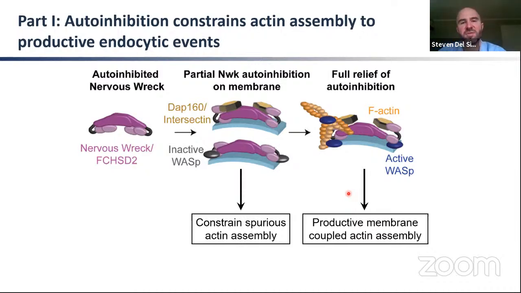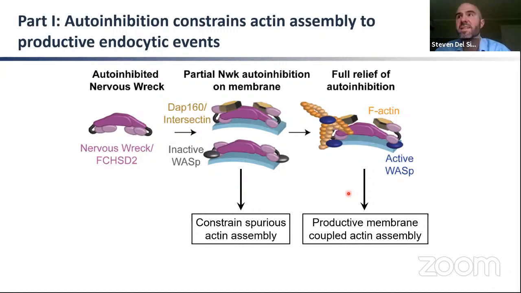Yeah, that's a great observation. We noticed that too. We've seen that in a number of mutants: in the Nervous Wreck mutant, the DAP160 mutant, and also in a different Shibire manipulation. One possibility is that these are just completely decoupled random assemblies.